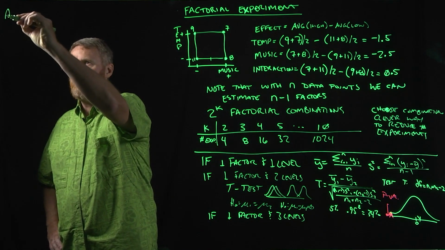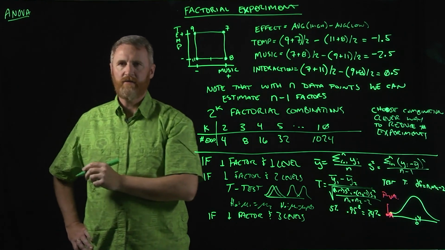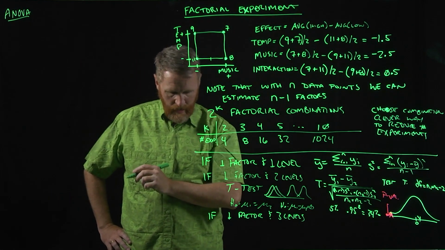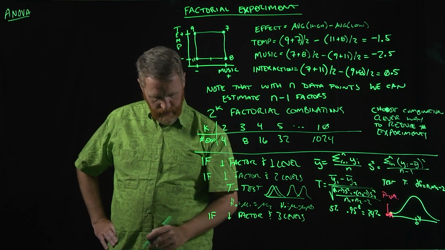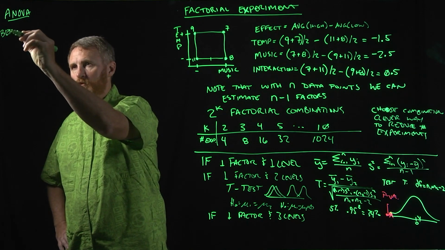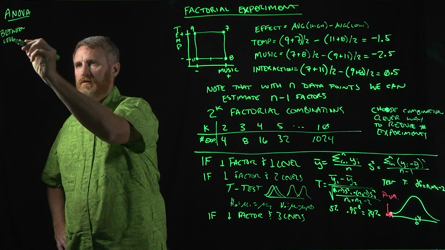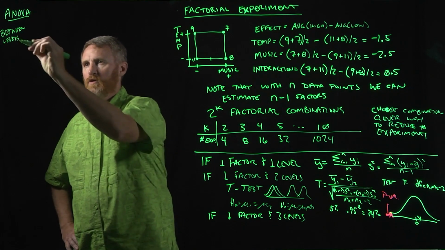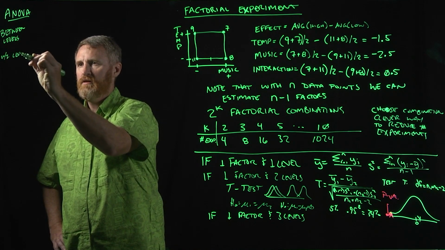So when I'm doing something called ANOVA for the analysis of variance, right, I first want to look and see, well, what is the variance that happens between levels, right? What is the variance that happens within a level?